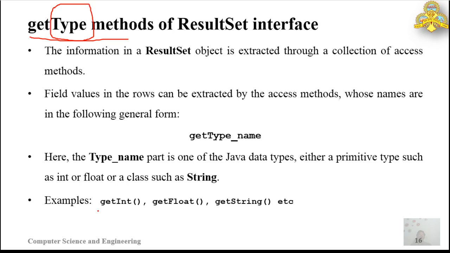For example, here is getInt, where int specifies that we are going to extract information from a particular field which can be an integer value. Likewise, getFloat and getString. If you are not sure about the type of the information in a particular field, and you are not processing it in the next step, just storing it and displaying it, then getString can be utilized for all types of fields.